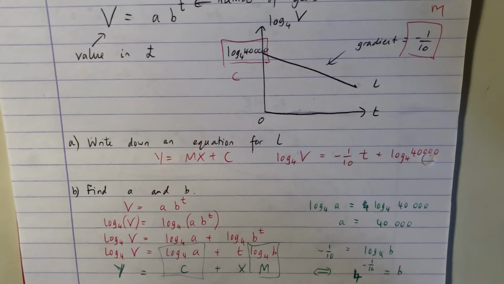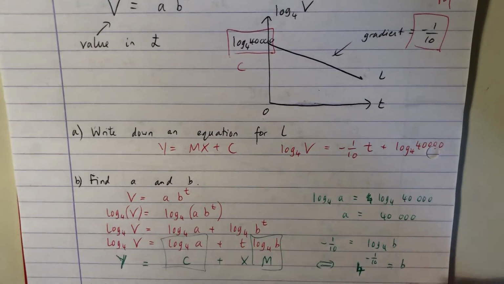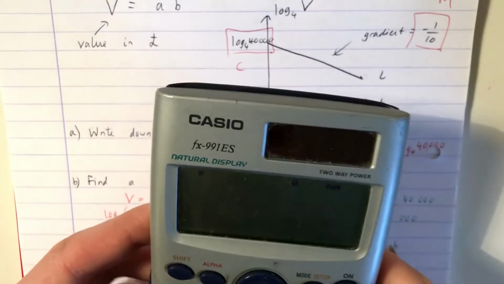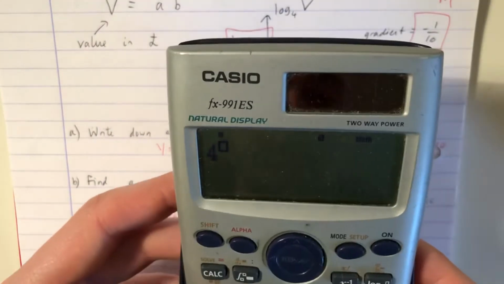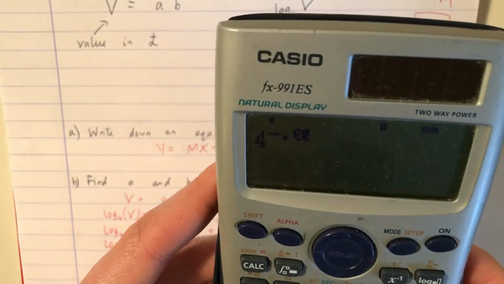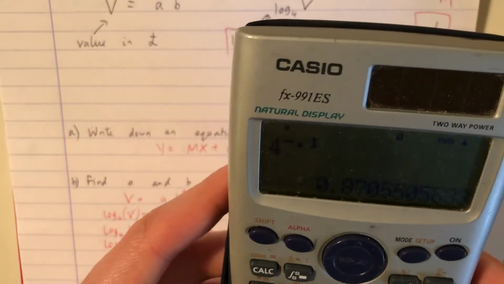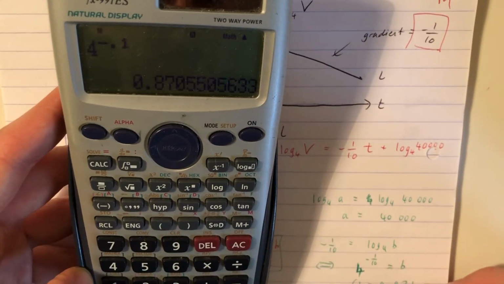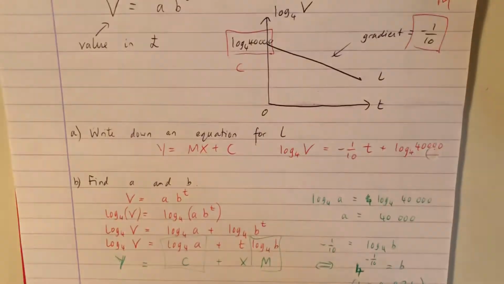I have to leave my answer like that. If you want to know what that is as a decimal though, let's have a look. So 4 to the power of minus 0.1, 0.871 to 3SF.